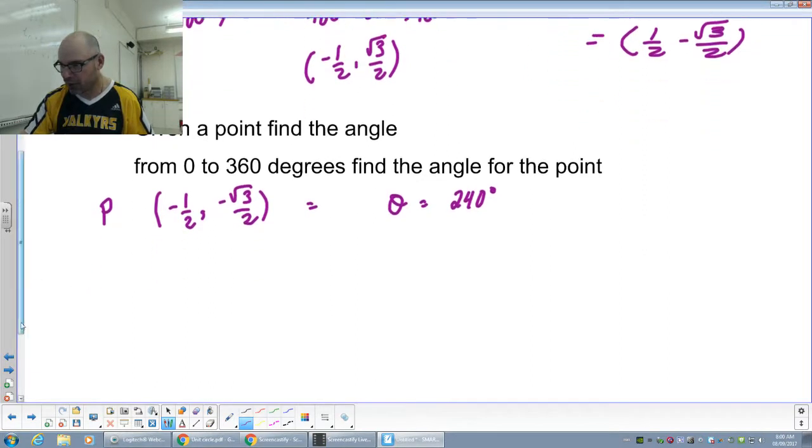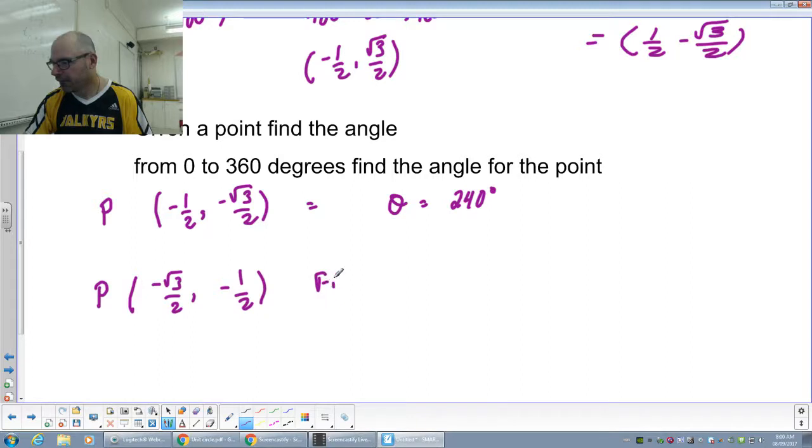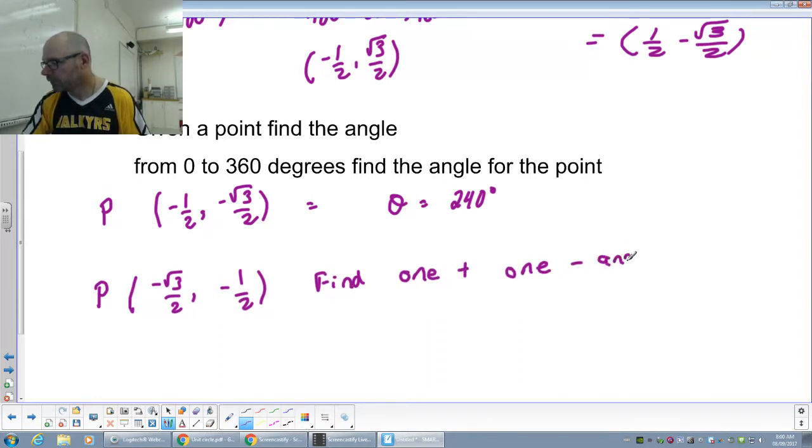They might say for the point negative root 3 over 2 and negative 1/2, find one positive and one negative angle, from 0 to 360.